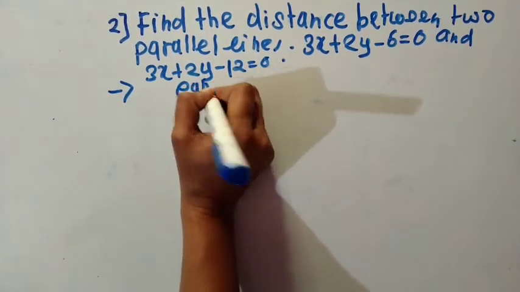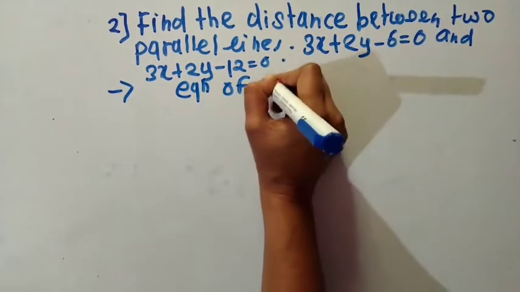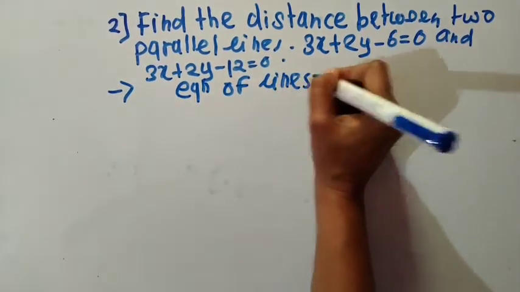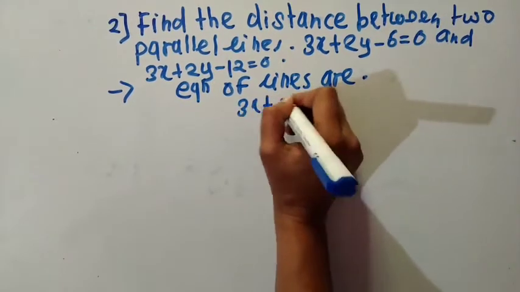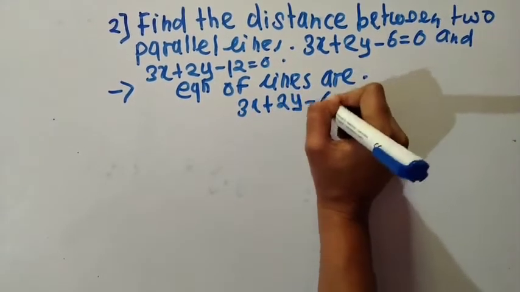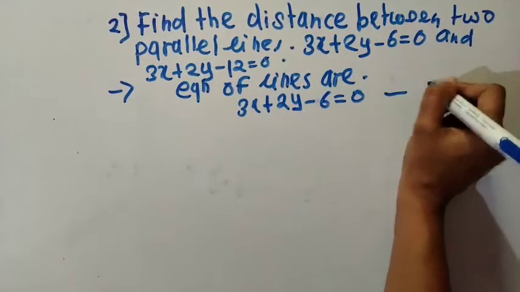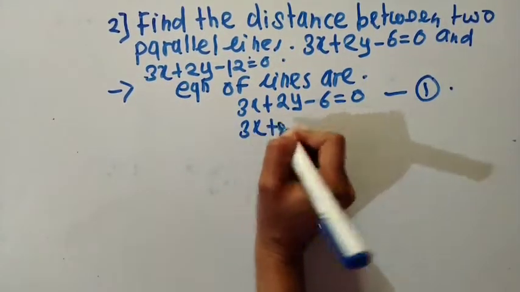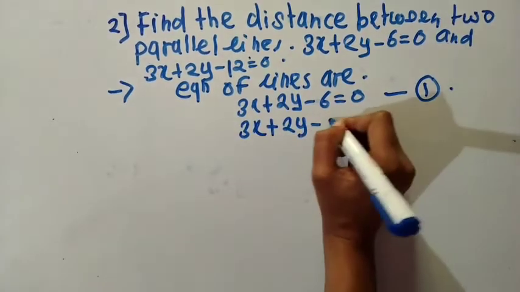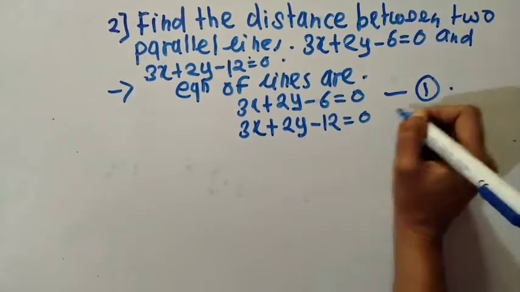First, the given equations of lines are 3x + 2y - 6 = 0 and the second equation is 3x + 2y - 12 = 0.